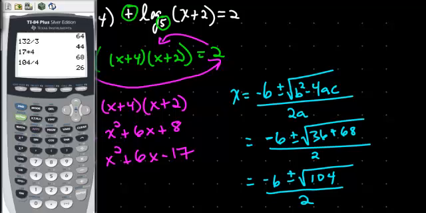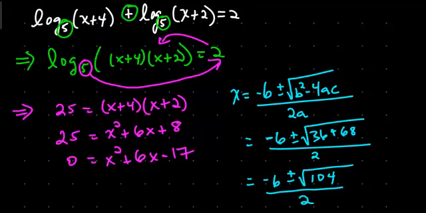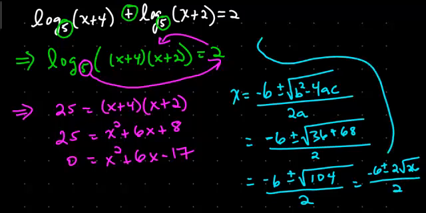So this is going to equal negative 6 plus or minus 2 times the square root of 26, where that 2 is the 4 inside here, 4 times 26 to give me 104, all divided by 2. Alright, so that's going to equal negative 3 plus or minus the square root of 26.